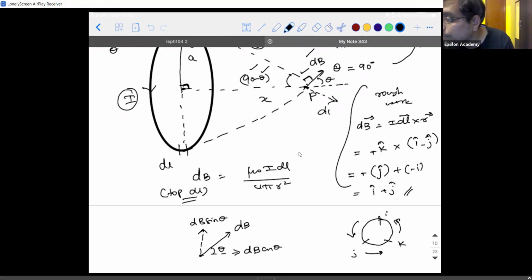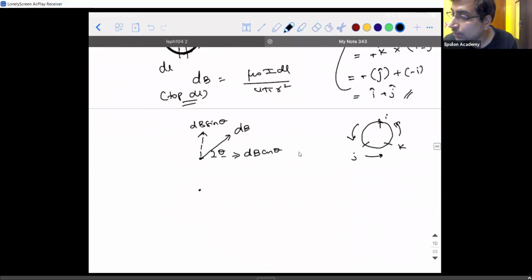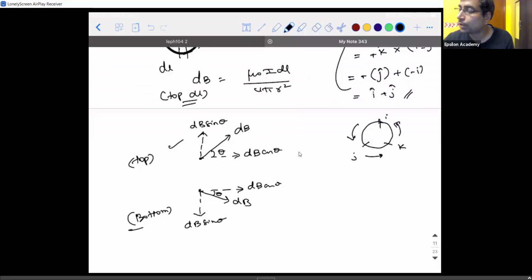The direction of dB at the bottom will be in this direction. If I take this as theta, this is also going to be theta. So at the bottommost point, dB will be in this direction. If this is theta, then you can resolve it into two components, dB cos theta and dB sin theta. So this is due to the top portion and this is due to the bottom portion, right?